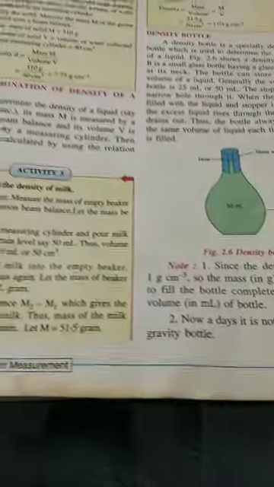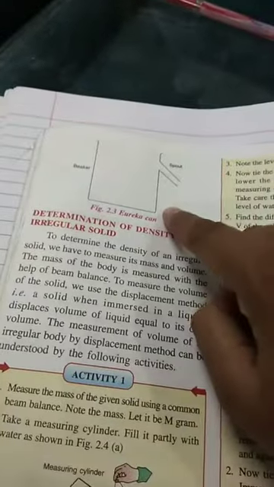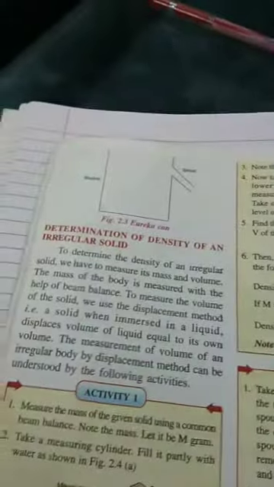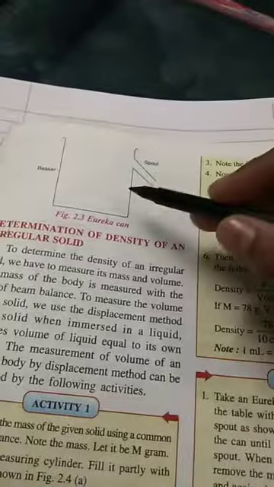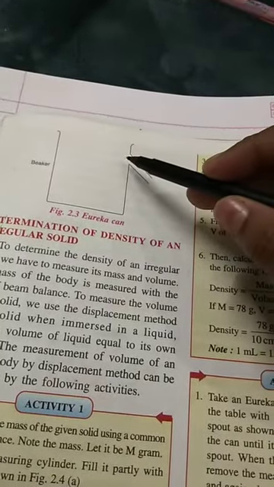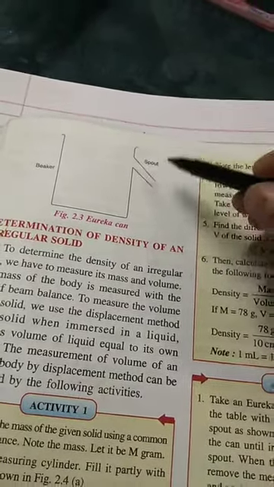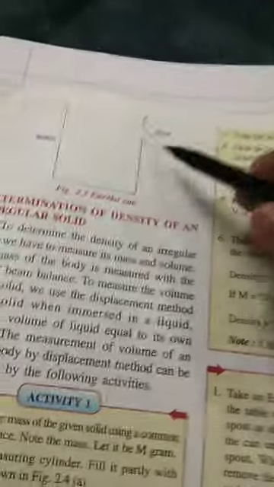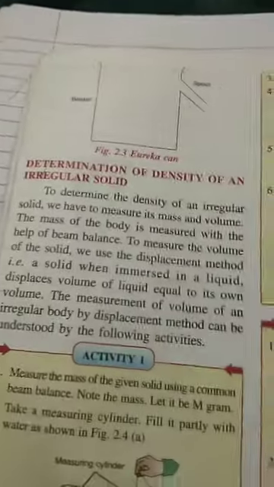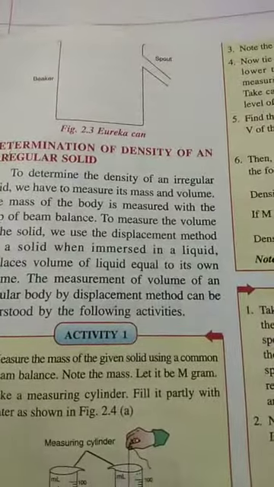You can see this is called the Eureka Can. So any extra liquid filled in this Eureka Can will flow out of the spout. It is funnel shaped, you can see the funnel shape over here. So this way we measure the density of liquids.